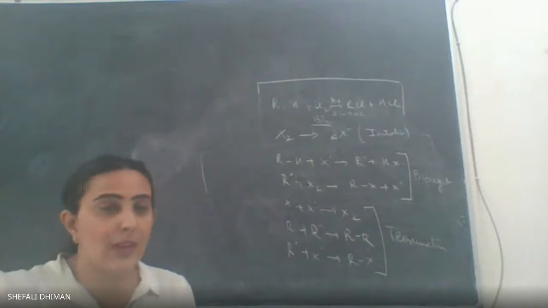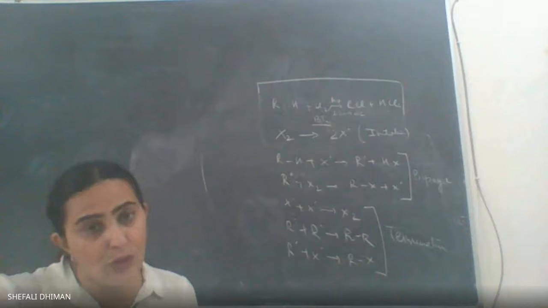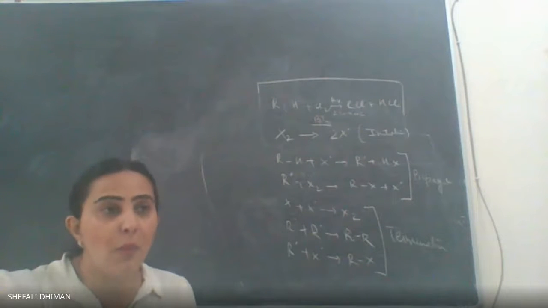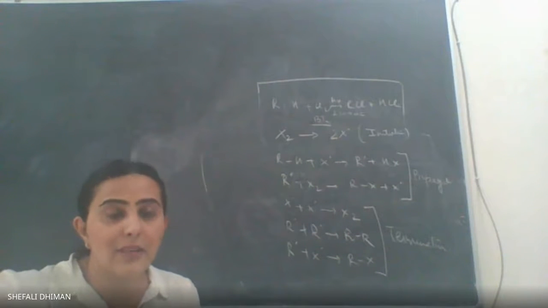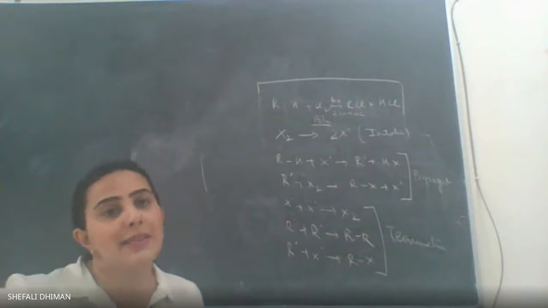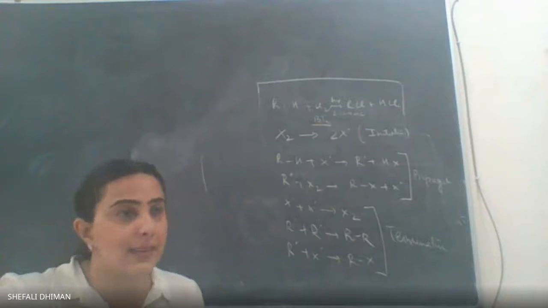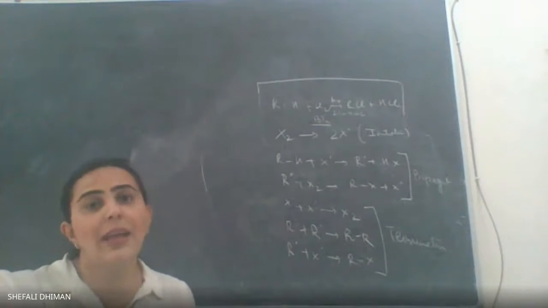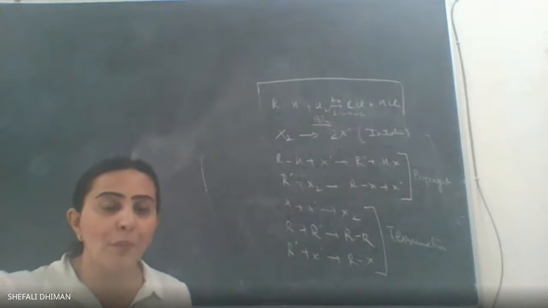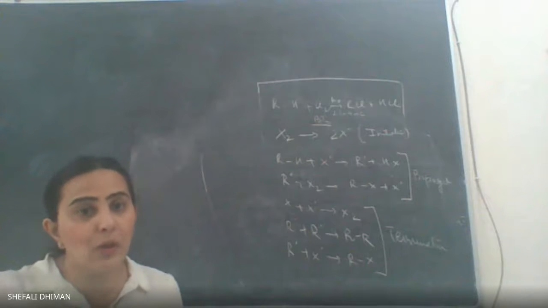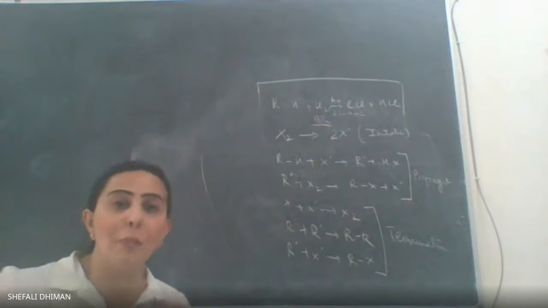There is one more thing which needs to be covered here: as I told previously as well, whenever the reactivity is more for the substitution, there will be less selectivity. And when the selectivity is more, there will be less reactivity. So we have to compromise on one thing in order to form the product of my choice.